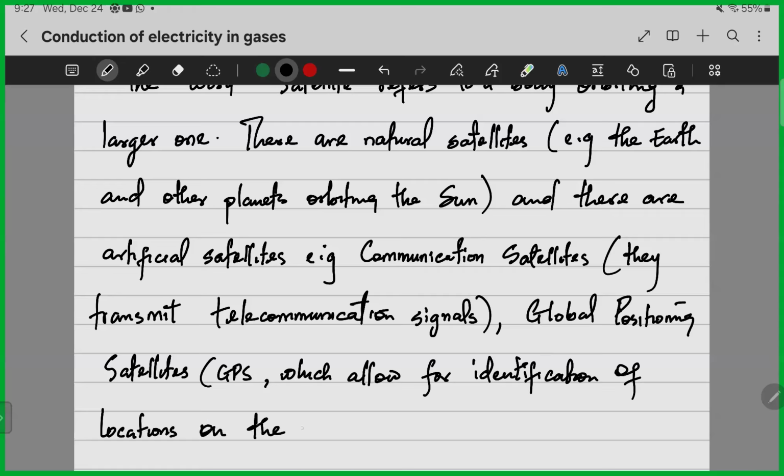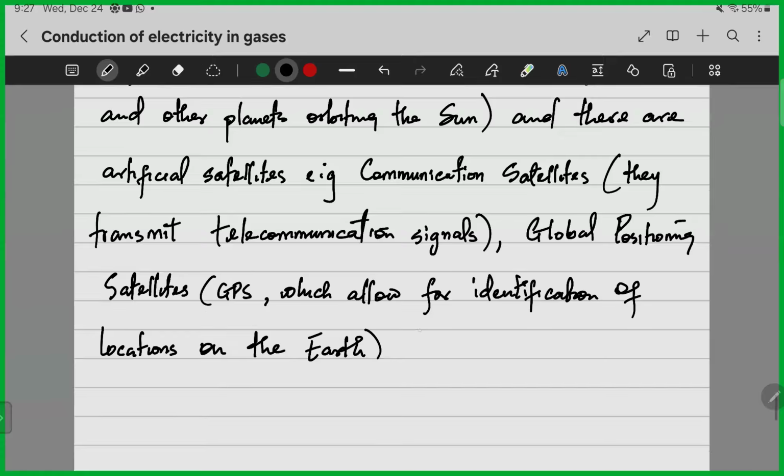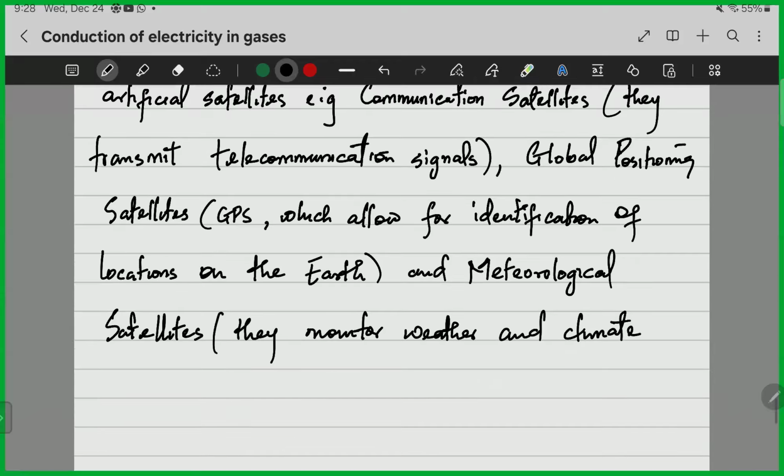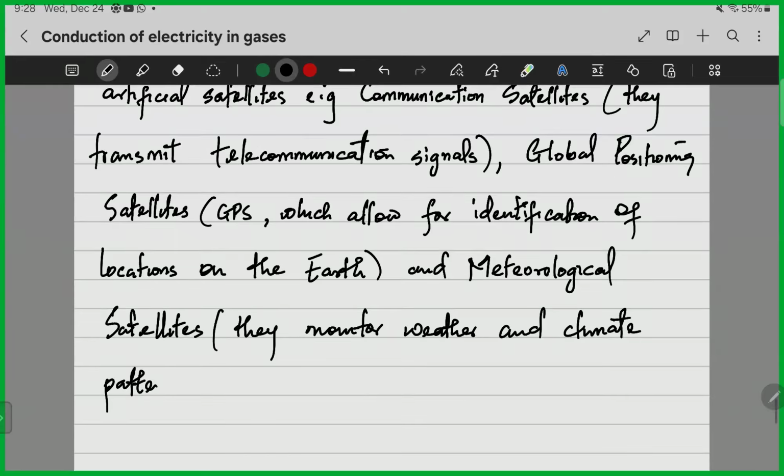And there are also meteorological satellites. What are the functions of this one? They monitor weather and climate patterns. Take note of that.